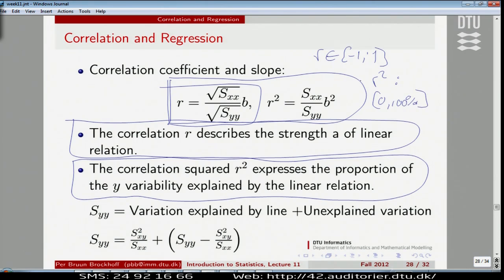We could multiply by 100 and see it as a percentage. 0 correlation means 0%, 1 correlation means 100%. And then we have something in between. And this percentage has an interpretation, and that is what we see here. Not so much this one, but these two actually.